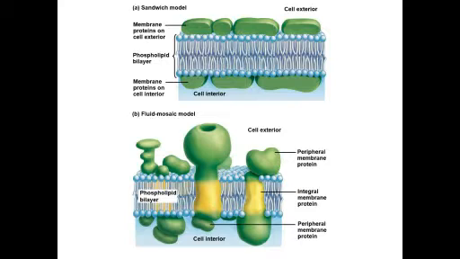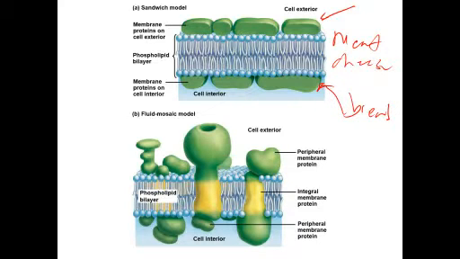Before this fluid mosaic model came about, there was an older model called the sandwich model. The sandwich model was the idea that your lipids are basically your meat and your cheese, and the proteins are basically the bread slices.